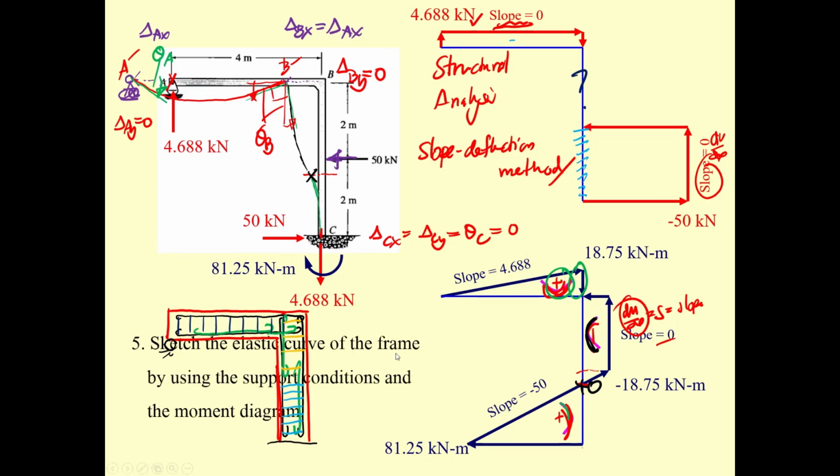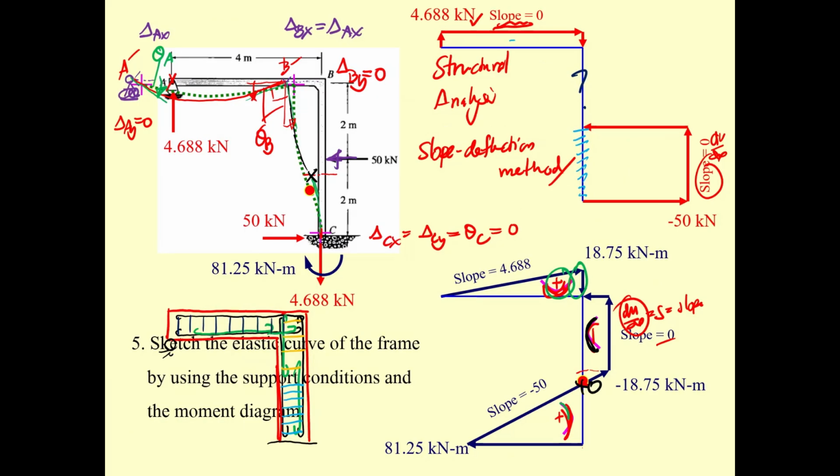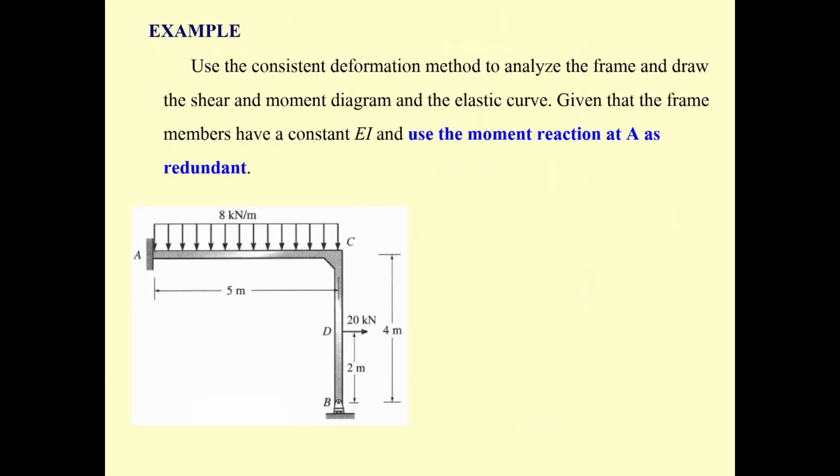And that's supposed to be the answer, the end of this example. But there is another way to solve this problem by using the moment reaction as the redundant. Basically, we use A as the support.